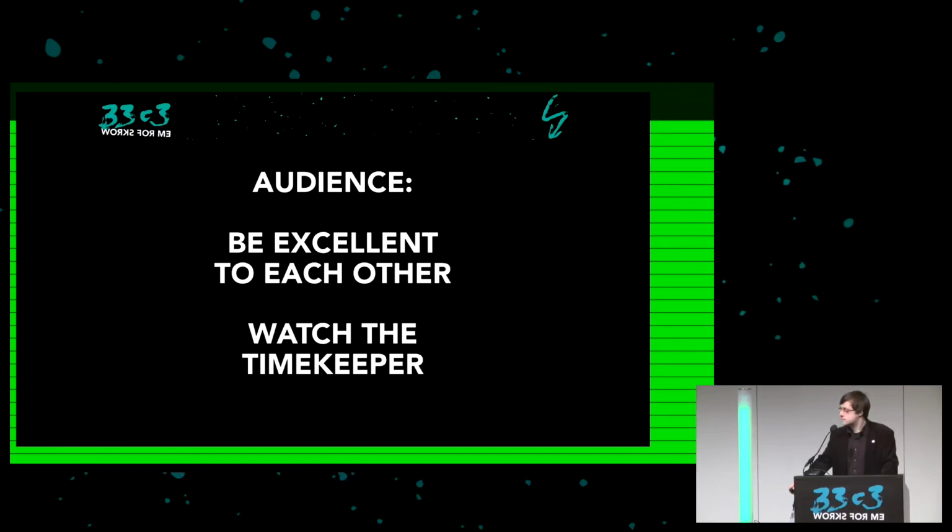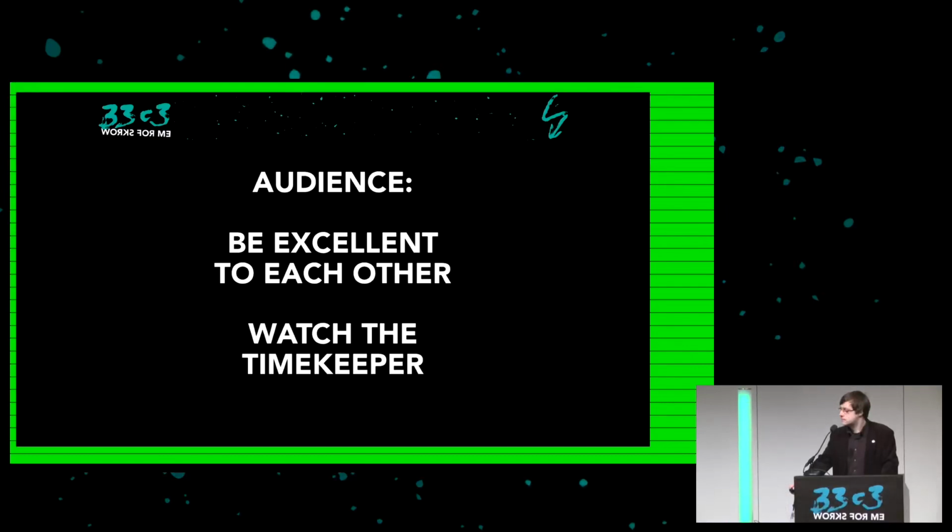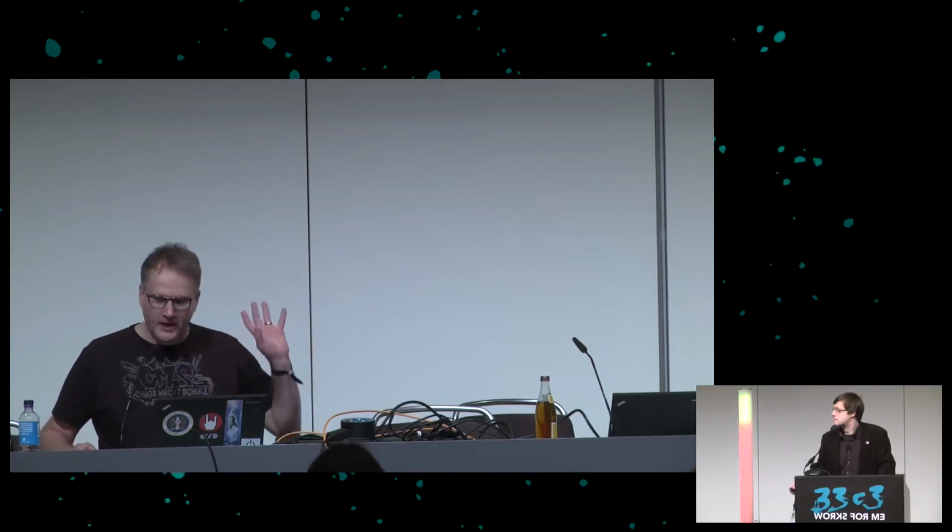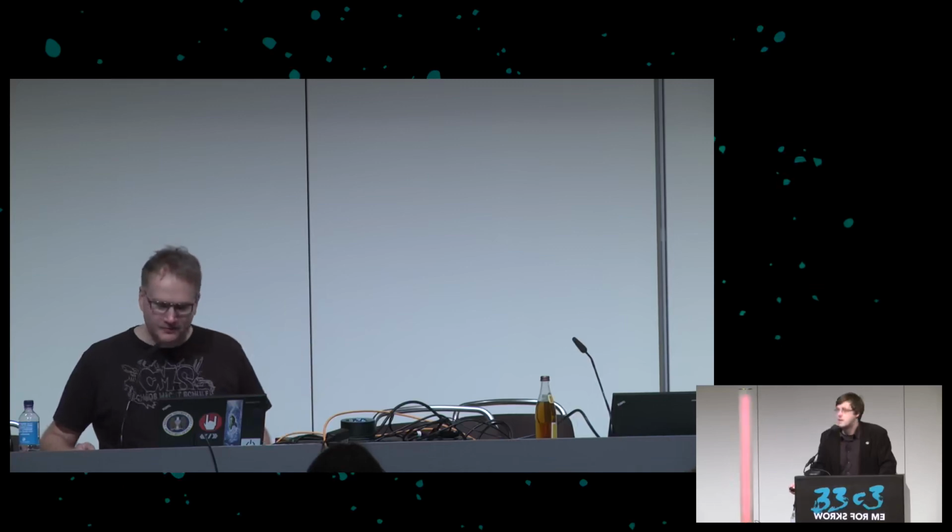So if the column is up here, don't panic. You still have 1 minute left. The last minute will be shown to you in yellow. And when it comes like this, it will go red, and you have 30 seconds left. This is the time where you will come to an ending with your talk, at least. And if it's like this, then it's over.